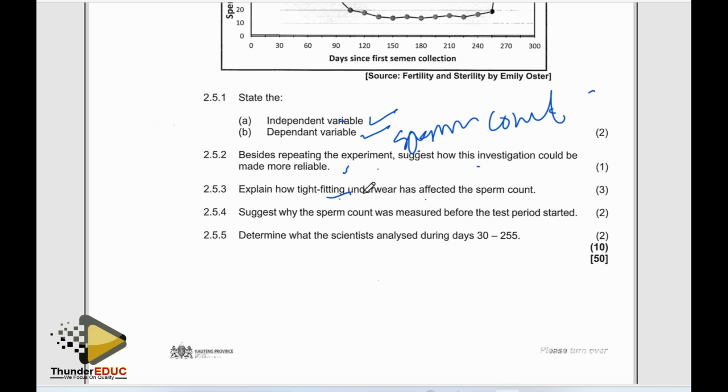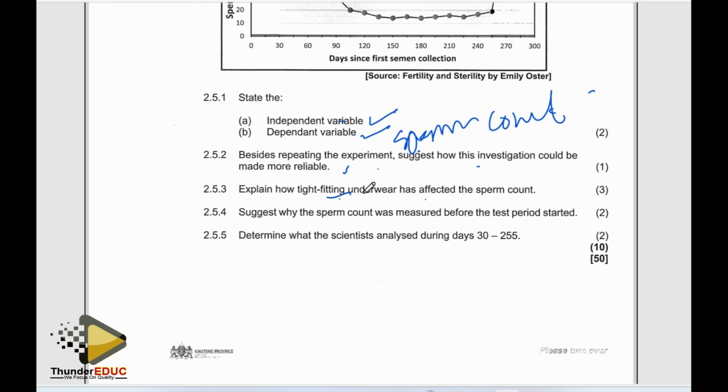You understand? You can push the testes above, close to the body, which has a higher temperature, above 35 degrees.